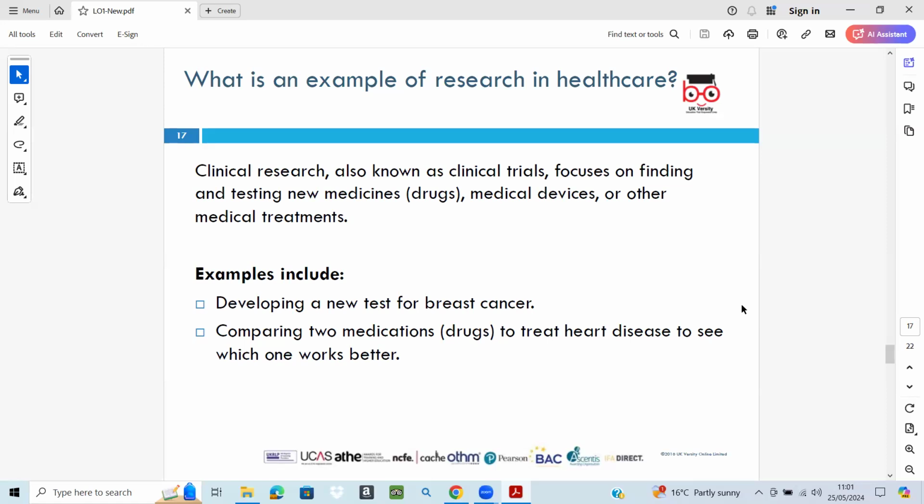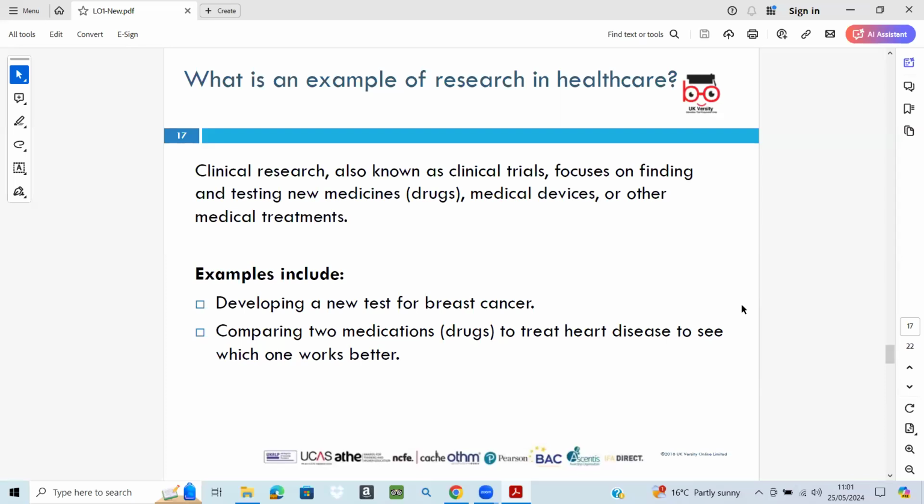Then we have comparing two medicines to treat heart disease to see which one works better. For that we can say that clinical trials comparing two medications for heart disease involve rigorous research methodologies to assess the efficacy, safety, and outcomes associated with each treatment option.